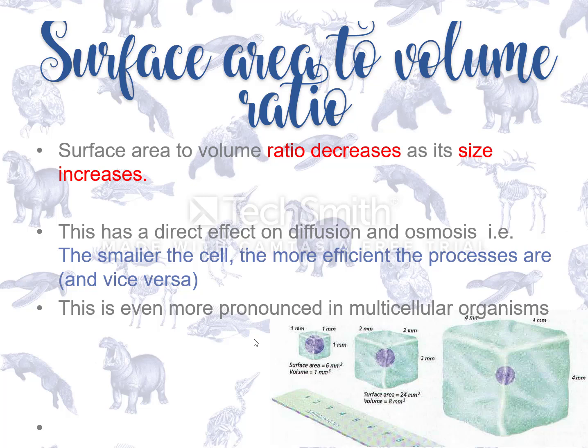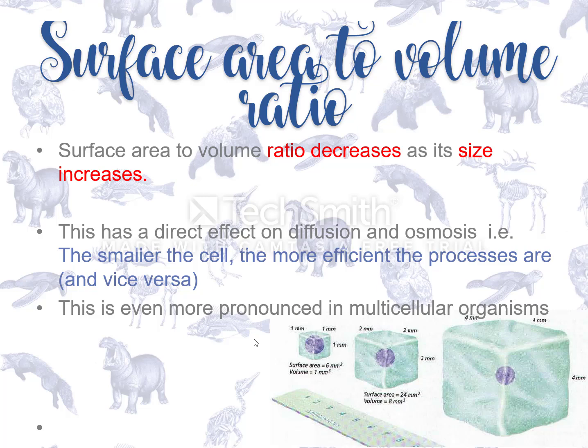Okay, so surface area to volume ratio says that the smaller an organism is, so surface area, right, would be smaller surface area.